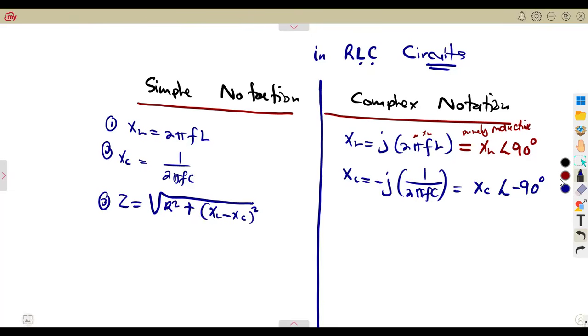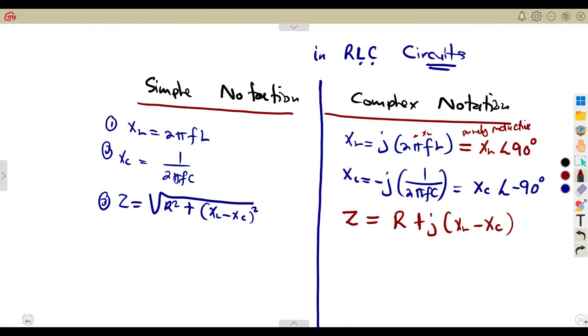But this time, you're just going to have Z as R plus J(XL minus XC), as the part of XL is positive and the part of XC is negative. XC is always carrying a negative, XL is always carrying a positive.